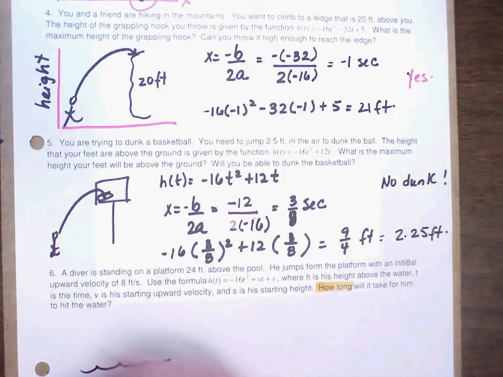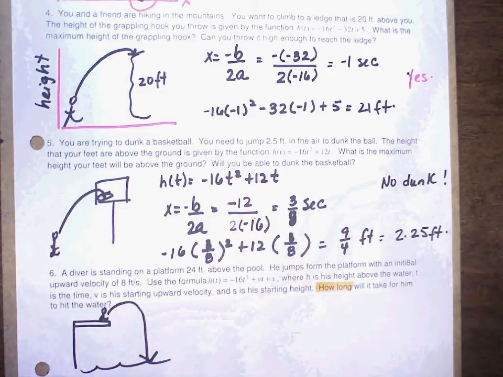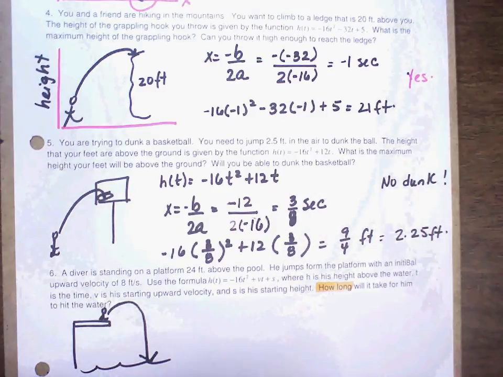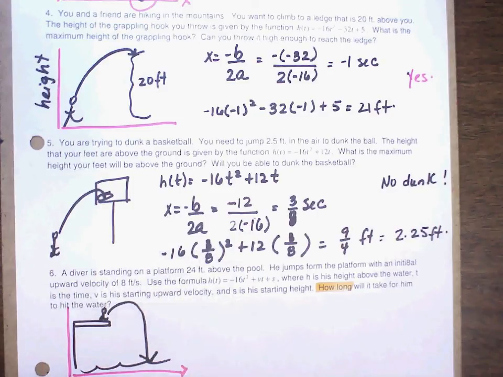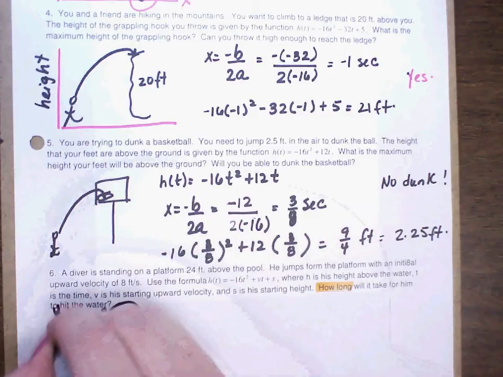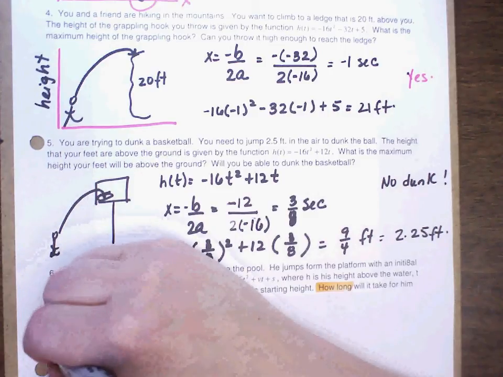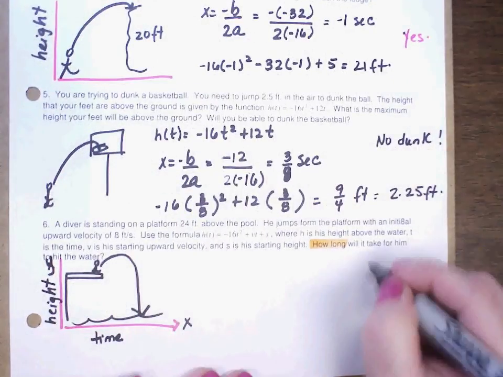He's on a platform, and he's here, and he's diving. So my x is time, and my y would be height. All right, x is time.